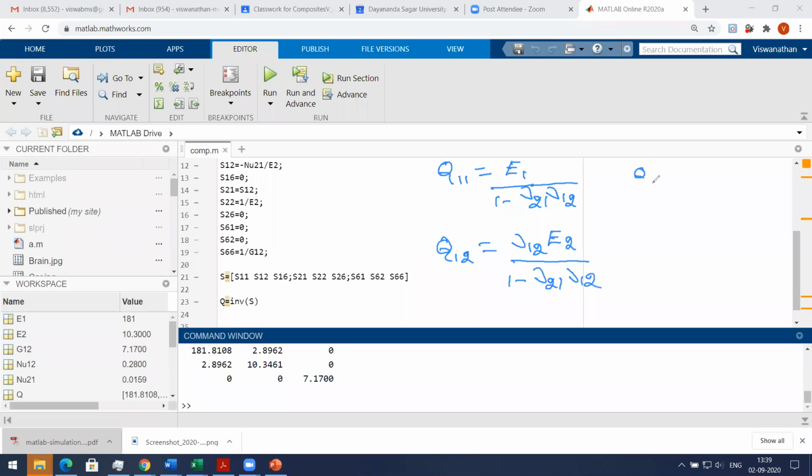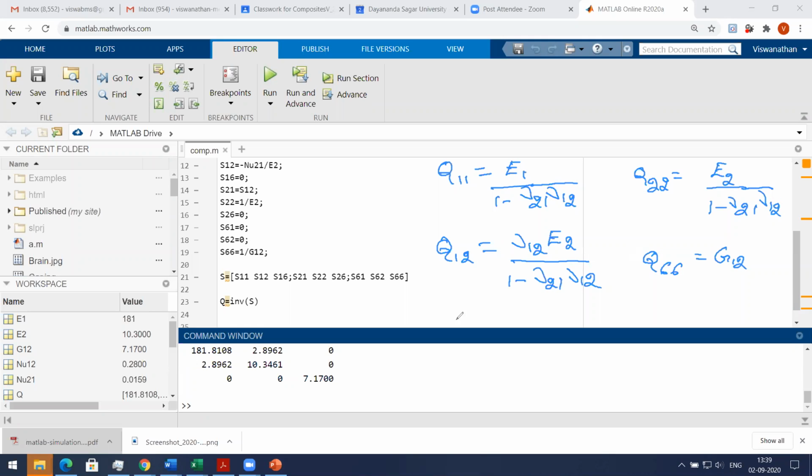Then Q22 is equal to E2 divided by 1 minus nu21 into nu12. Okay, and then Q66 is equal to G12.